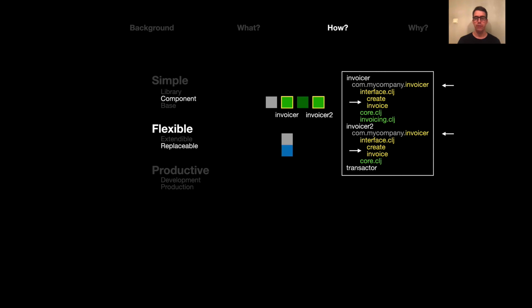So if we have a project here, let's say a service, that uses the Invoicer component, we can replace that component with Invoicer2, because they look exactly the same to the surrounding code. They can't notice any difference here. So that's how we get the replaceability, and it's like playing with Lego.